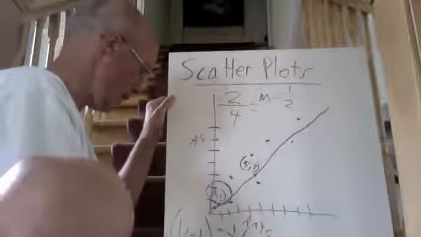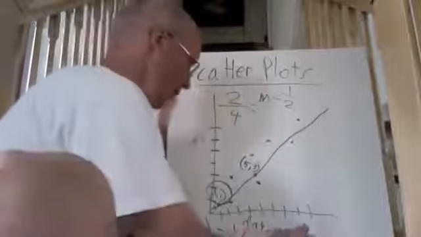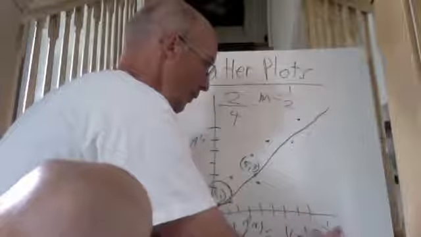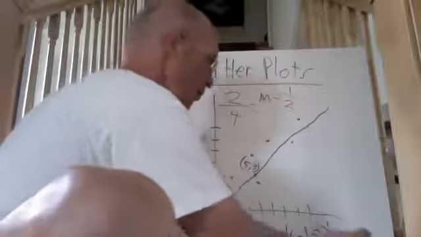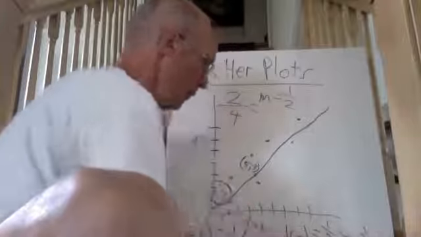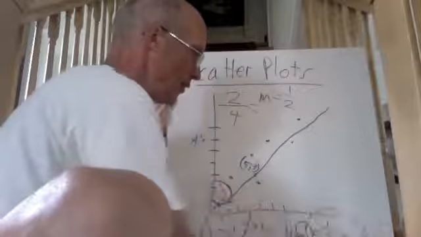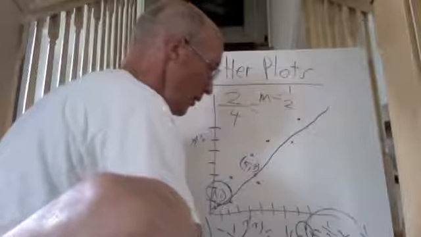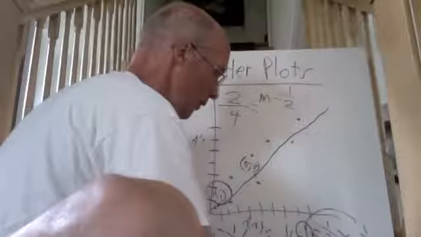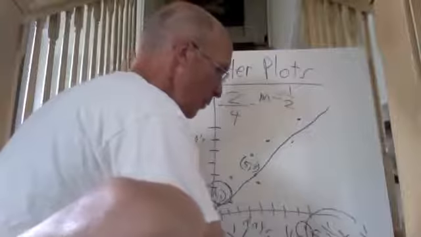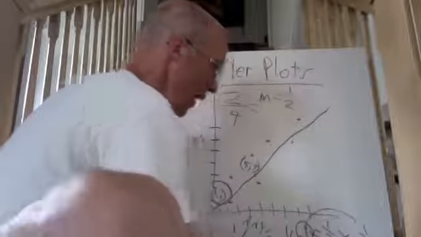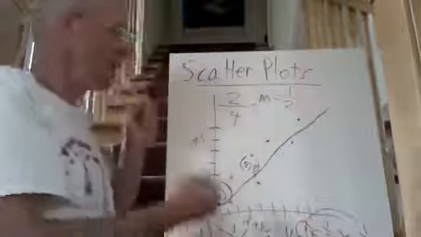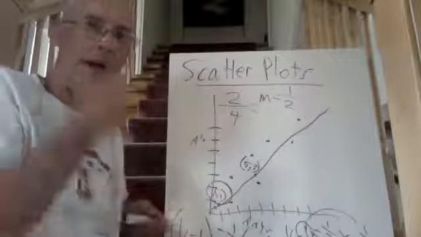And so I get y minus 1 equals 1/2 x minus 1/2. Take that 1, add it to the other side, and my final equation is going to be y equals 1/2 x plus 1/2.